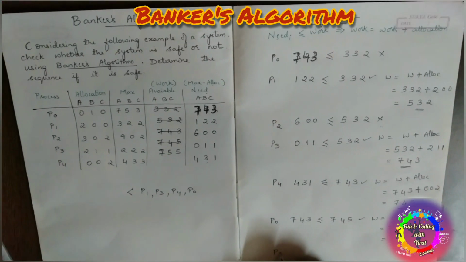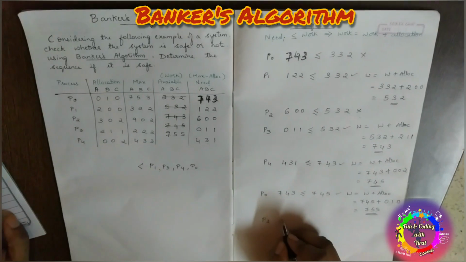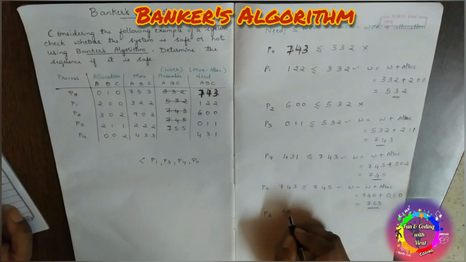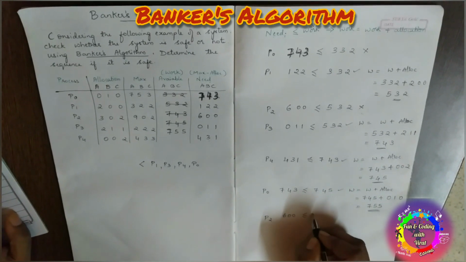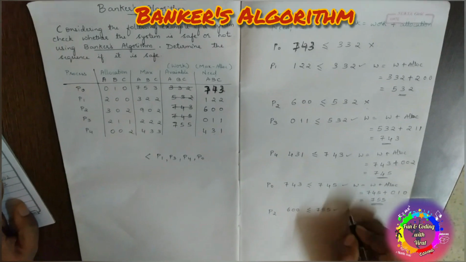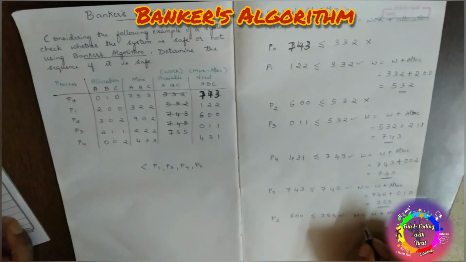Next, the remaining and last process left out is P2. What is the need of P2? From here you should take. It is 6 0 0. It's less than or equal to the new work you have updated, 7 5 5. Yes, this is correct. So calculate work is equal to work plus allocation.